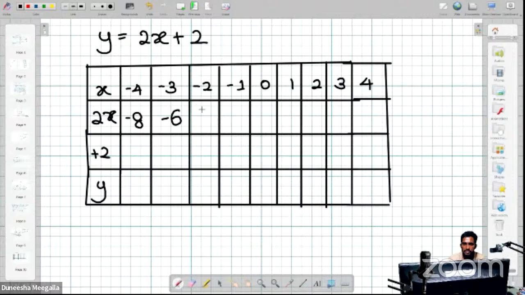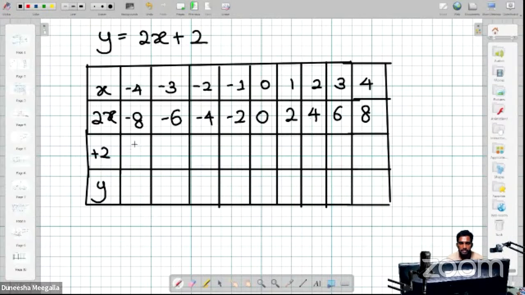Then the next one is minus 4, then -2, then 0, 2, 4, 6, 8. Then -8 plus 2.